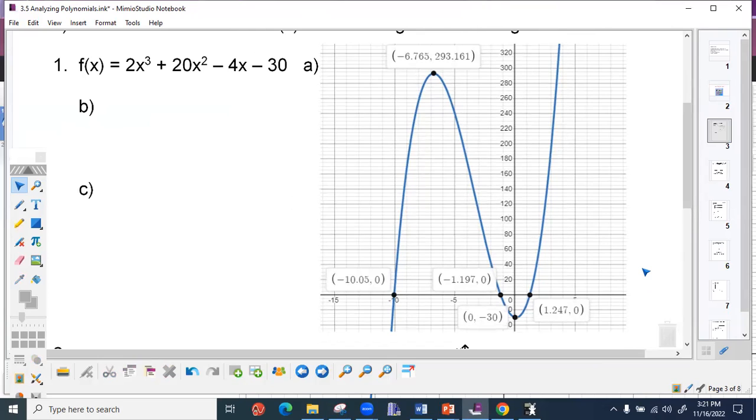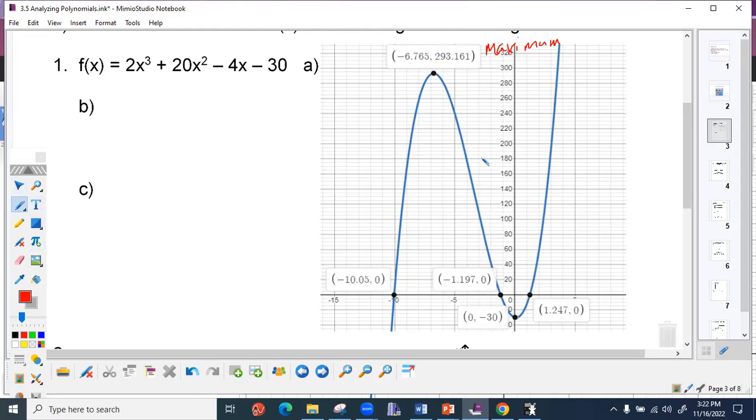Okay, so now I have the graph, and part A wants us to make a graph and identify our maximum and our minimum. Our maximum is where it increases, then decreases, right? So my maximum takes place here at negative 6.765.